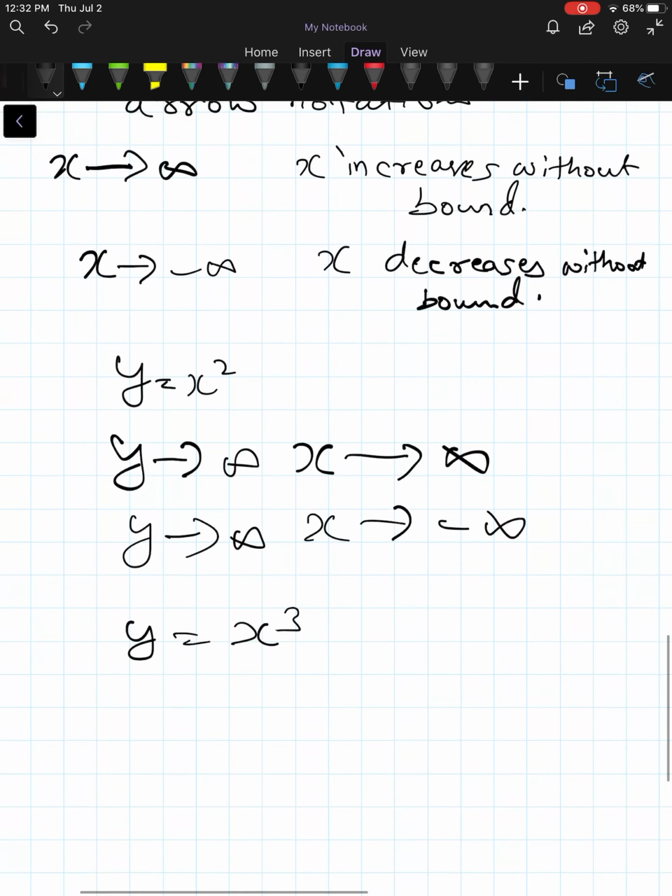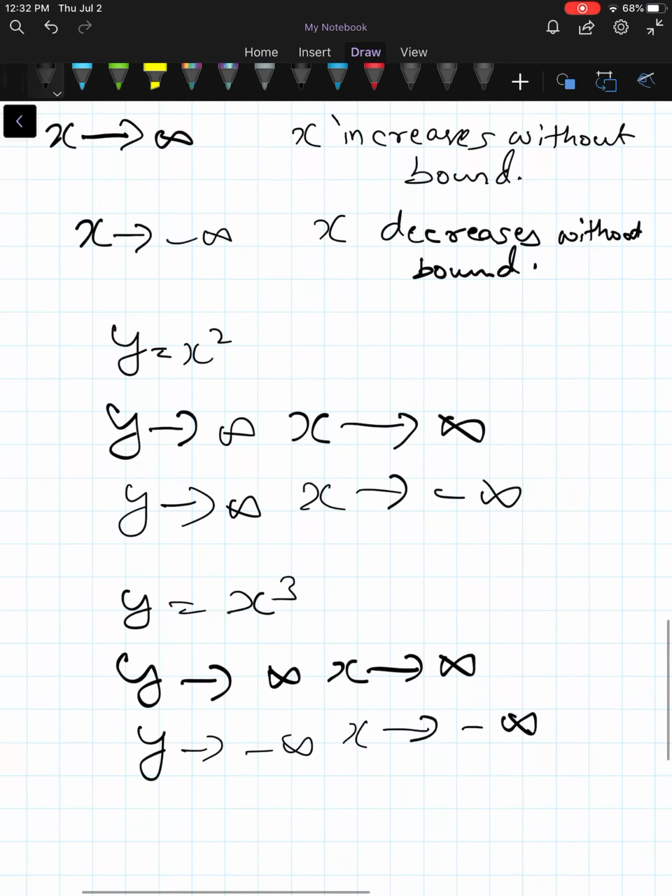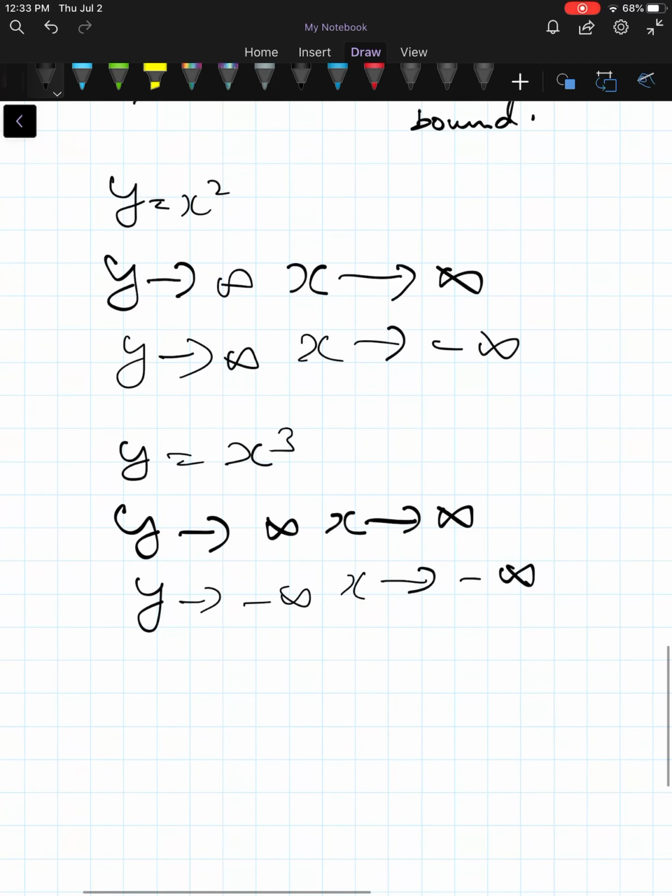But that is not the same if you consider y equals x cubed. Here y tends to infinity only if x tends to positive infinity, and y tends to negative infinity if x tends to negative infinity. So this is how you judge the end behavior. The end behavior is determined by the term that contains the highest power of x. In a polynomial function, a_n x to the power n is the highest term.